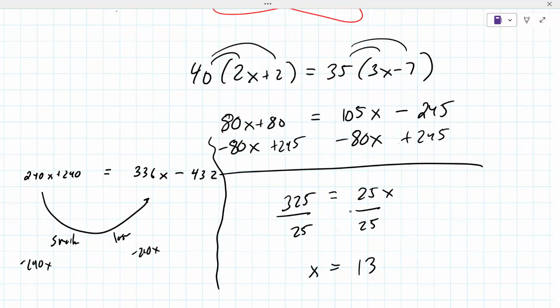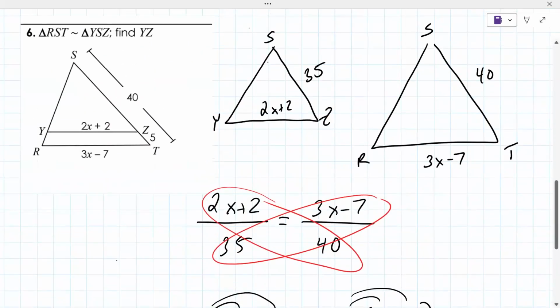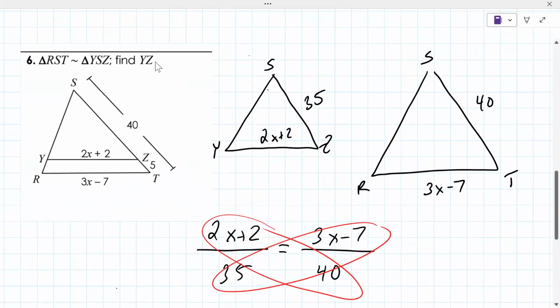It is 13. Now we've got to go all the way back to the original to decide, is that what it wanted? Did it say to find x? No, you've got to find y to z. So to find y to z is 2x plus 2. You have to put your x value in there. So 2 times 13 plus 2.